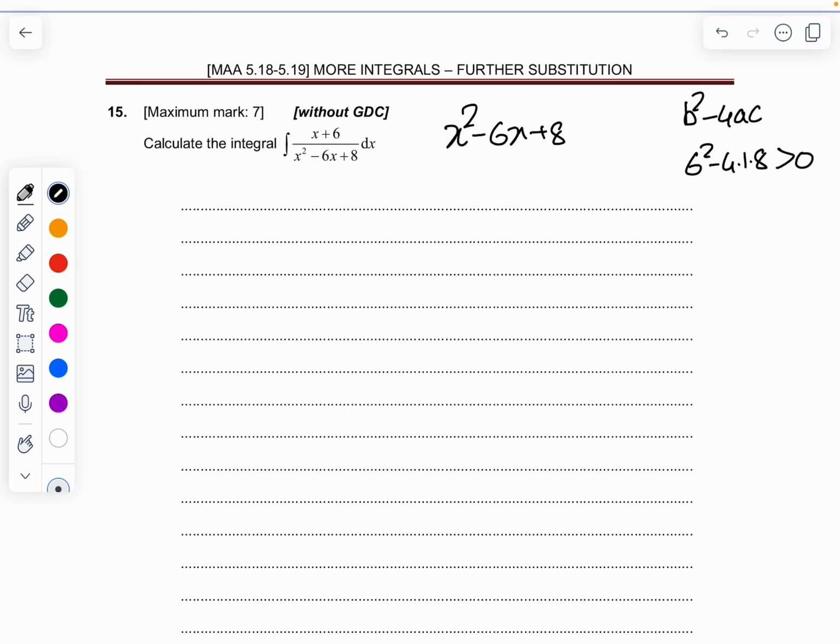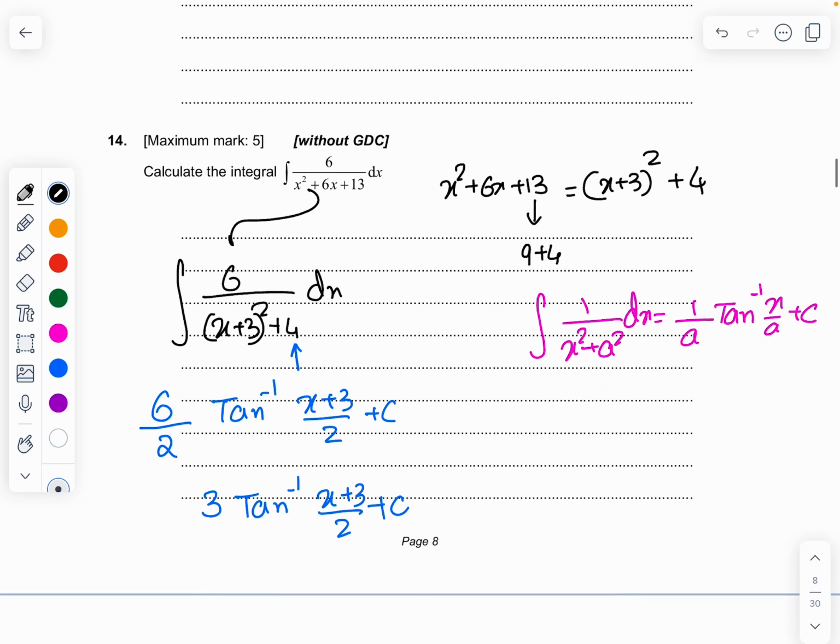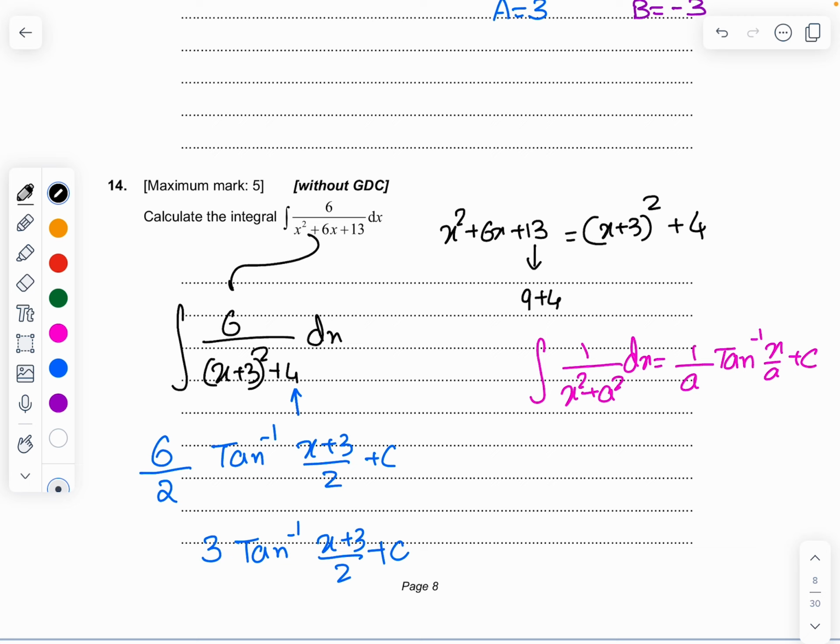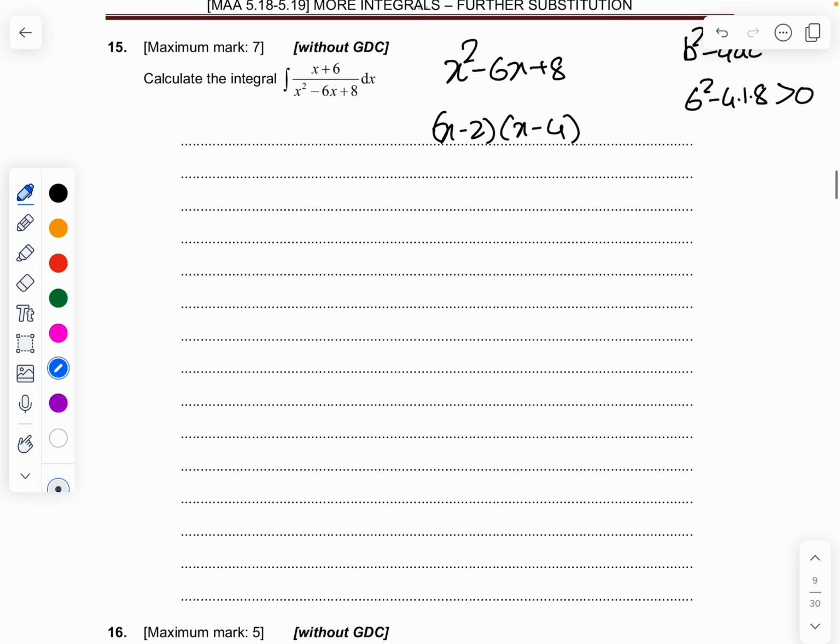So it will have two roots, x minus 2 and x minus 4. Previously, b squared minus 4ac was 6 squared minus 4 times 1 times 13, which is less than 0. So no roots. So over here I factorized it.